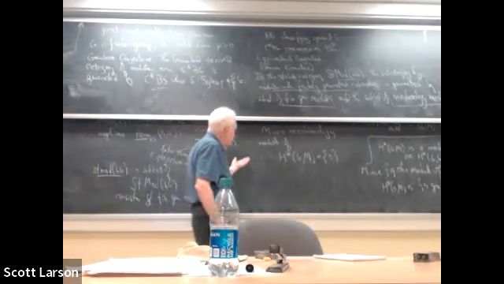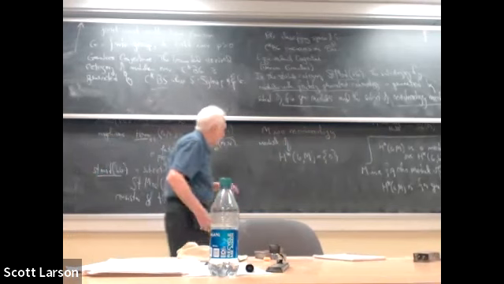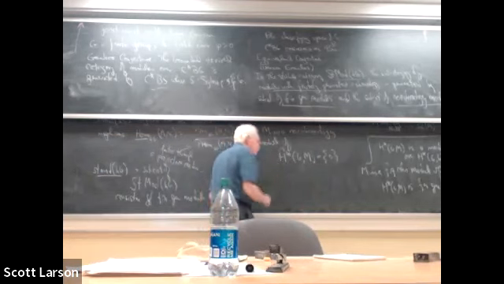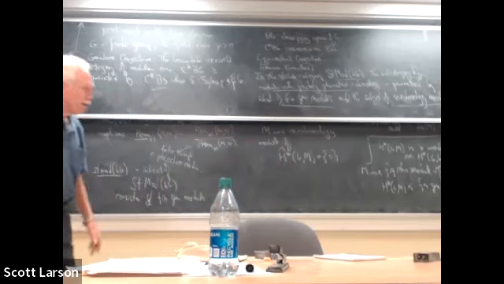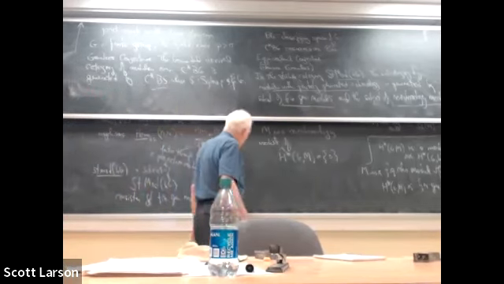We're doing this in the stable category, by the way. So if M is a projective module, it's 0 in the stable category. So basically what we're looking at is Tate cohomology, if you would like. But projective modules would satisfy this.